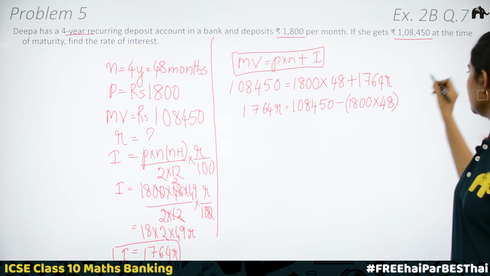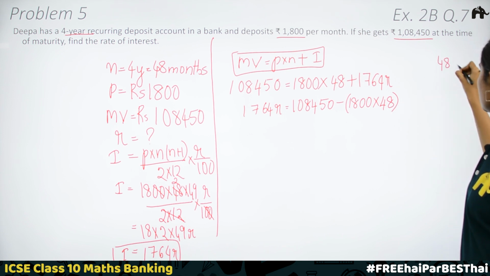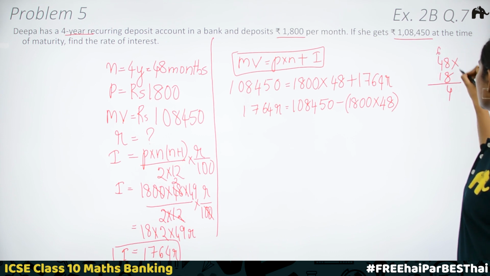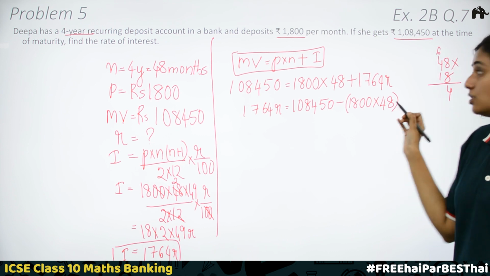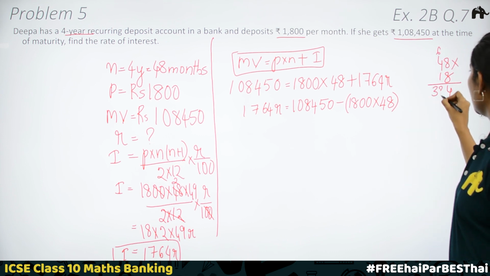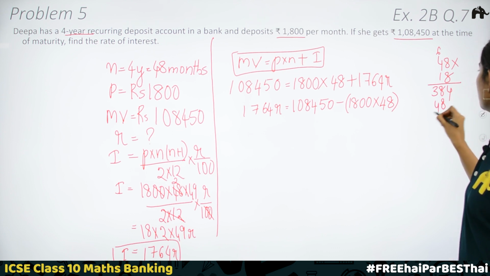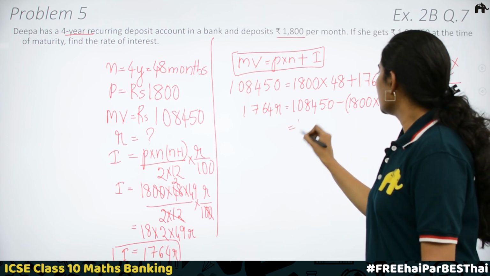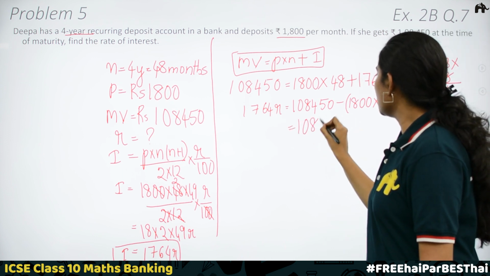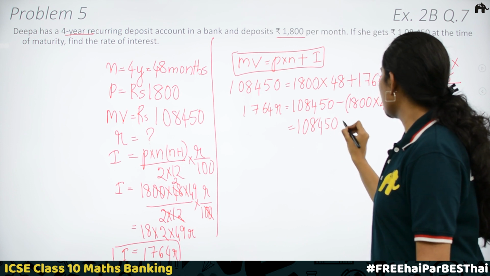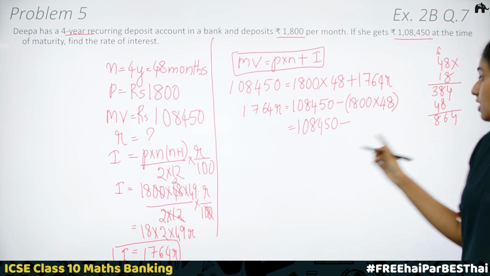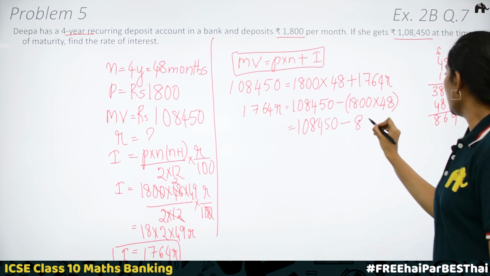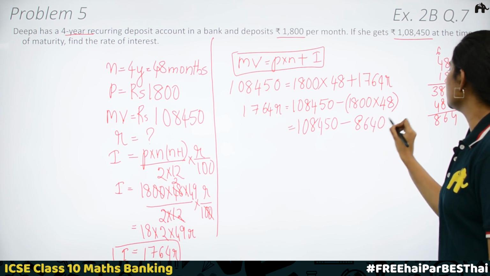On multiplying this, that is 48 into 18. 8 8s are 64. 8 4s are 32. 38. 8. 4. 16. 8. That is 1,08,450 minus, on multiplying this you are getting 86400.